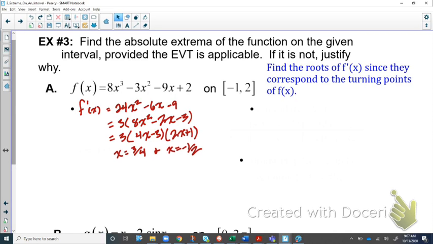Okay, so what we're going to do is something that's referred to as a candidates test. The candidates test is only going to look at the possible values that would have an extreme point.